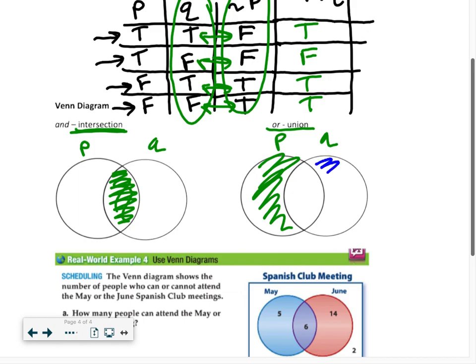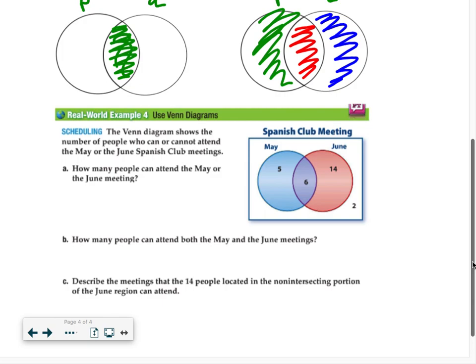Everything that makes Q true gets counted in. And then everything in between is where they're both true. So everything gets counted in a union. Alright? So let's practice here using a Venn diagram. This will be our last practice problem here.